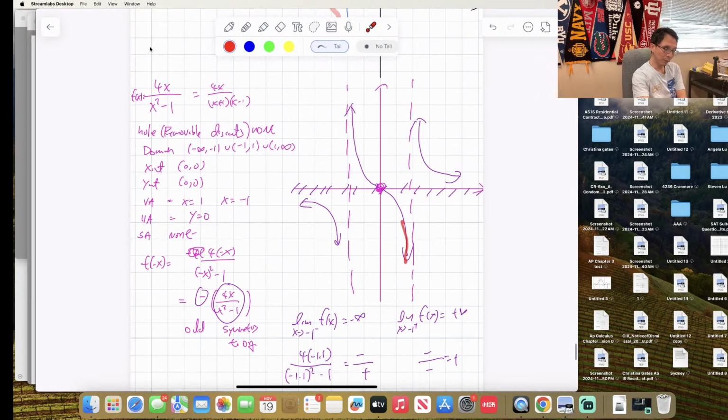Let's say you plug in 0.9 here, so 4 times 0.9 over 0.9 squared minus 1. That's not going to be 1, right? So that's equal to positive over negative. So that's why this part is going to go down. And if you do 4 over 1.1 squared minus 1, this is positive over positive, so this is how it's going to go up. So you don't need an odd function to figure out how they behave. It's going to behave exactly like it does here.